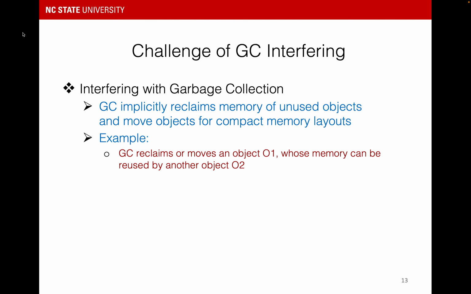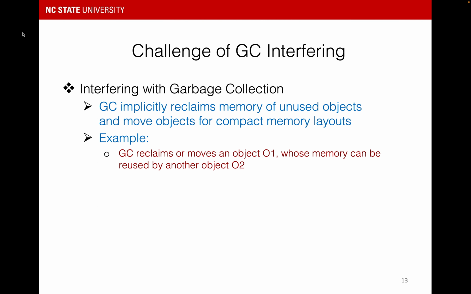Here is an example of incorrect object attribution with GC interference. Assume GC reclaims or moves an object O1, whose memory can be reused by other allocations, say object O2. In this case, DJXPerf may incorrectly attribute PMU samples that touch O2 to O1. This is an incorrect object attribution, so handling GC is necessary in DJXPerf.